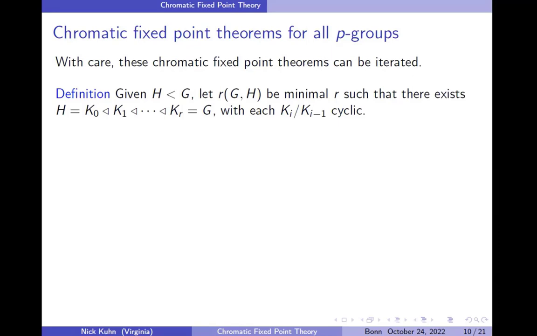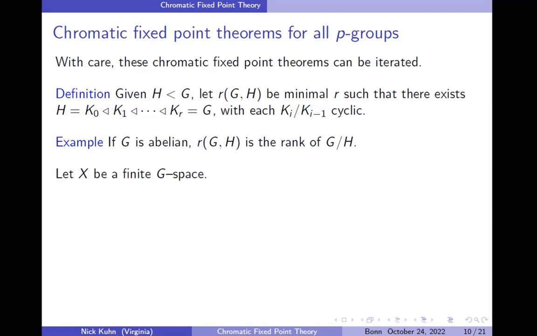What's the smallest number of steps to climb yourself from H to G, where each subquotient is a cyclic group? Okay. So if G is abelian, it's just the rank of G mod H. It's a really weird function in general, which we discovered, Chris and I, by just searching for weird examples. So maybe I'll say something about that later. But anyway, there we are.